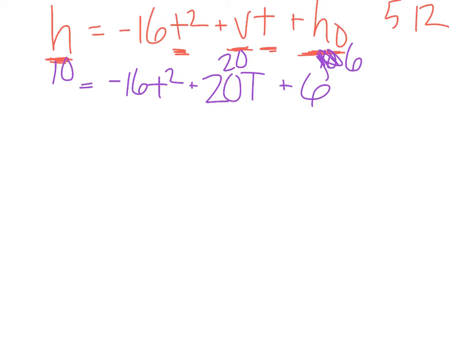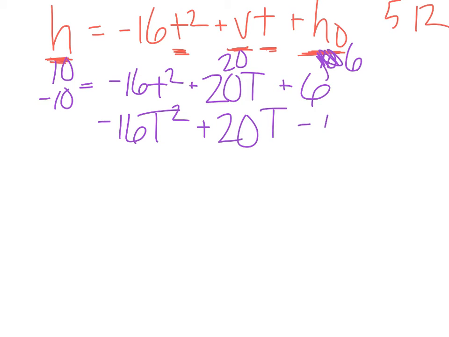Then you can solve it. So, subtract 10 from both sides. I'm going to end up with this. Negative 16T squared plus 20T, and now minus 4. Alright? Now, it's not pleasant to have a negative in front of the first part here. So I'm going to do something you're allowed to do in math, which is divide both sides by negative 1.